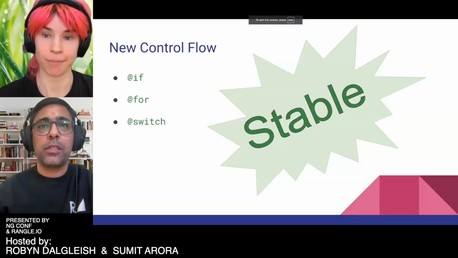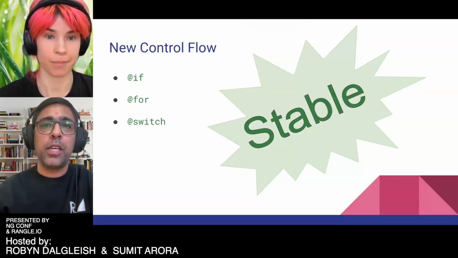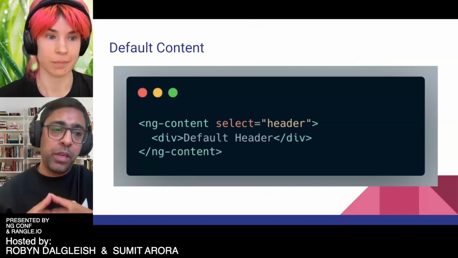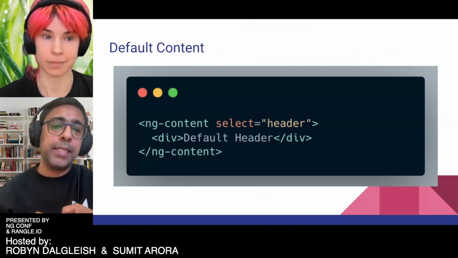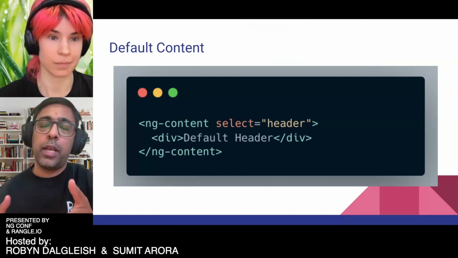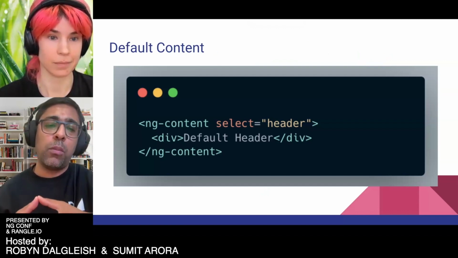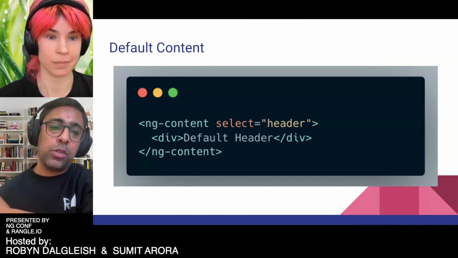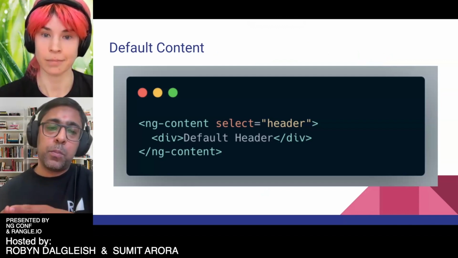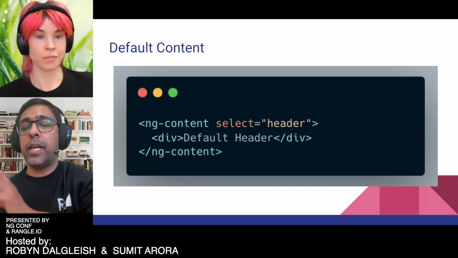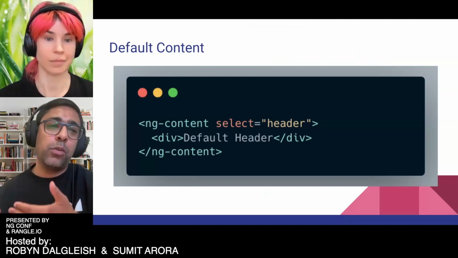The next thing is the default ng-content. Previously, in the previous versions, ng-content was used, but you were not able to provide a fallback for it. Let's say I don't want to provide content for my component, but you still want to display a placeholder so that, for example, you don't mess up the UI.